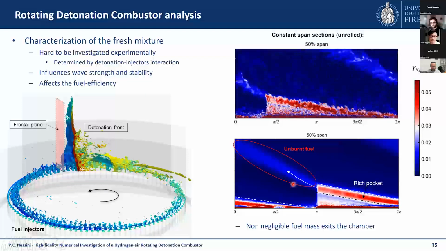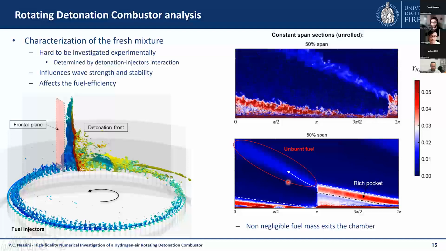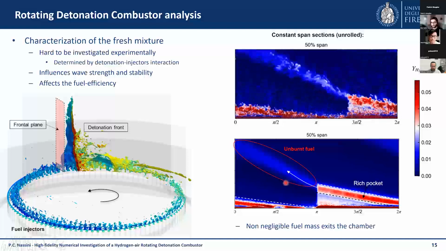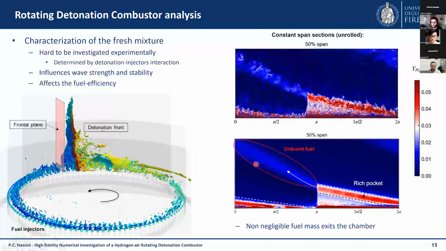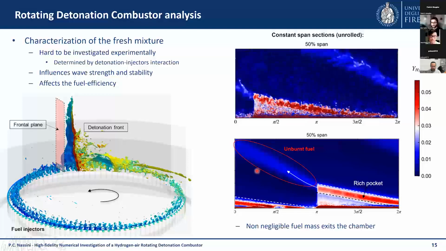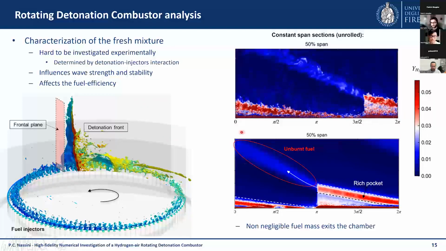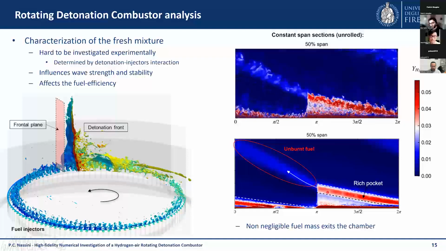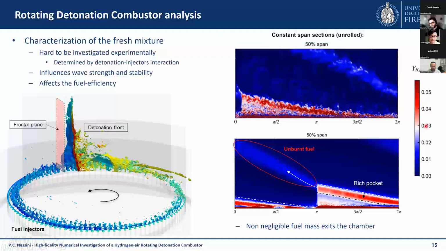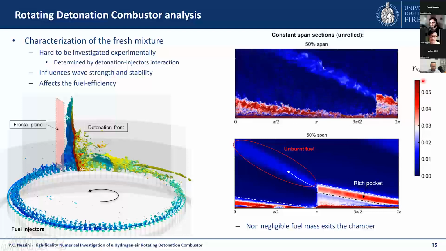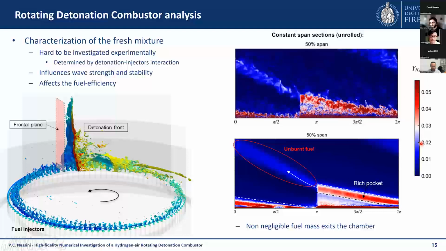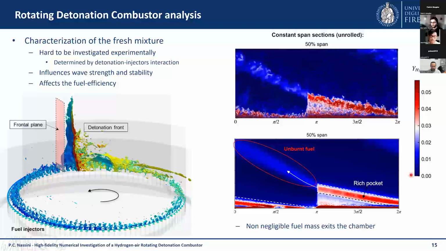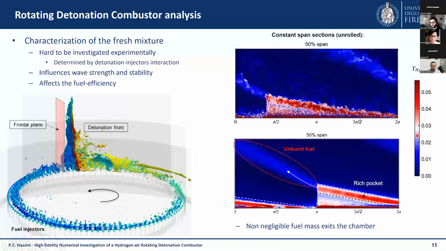This is of course a characteristic which is not desired in a combustion system, because we are wasting hydrogen which is not burnt but exits the combustion chamber. Here, as you can see, the colors are placed like this: red is rich, white is stoichiometric, and blue is lean condition when hydrogen is mixed with air.